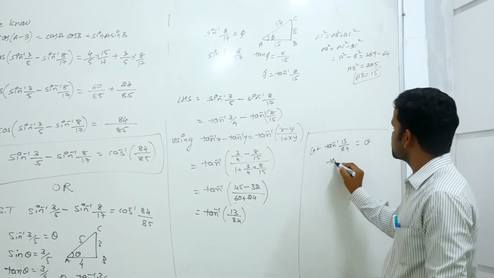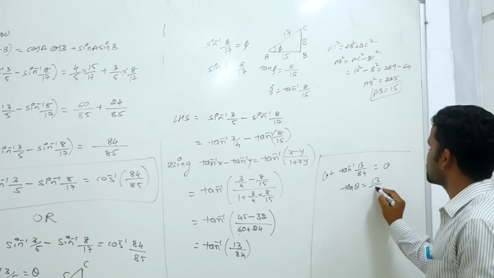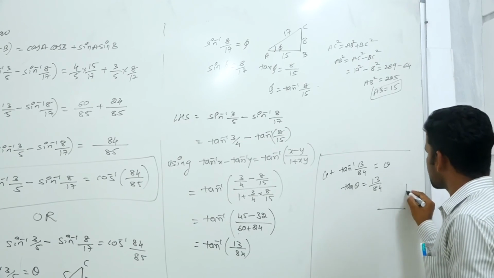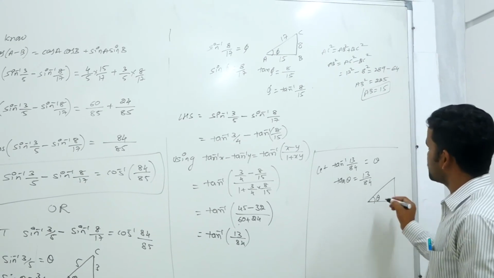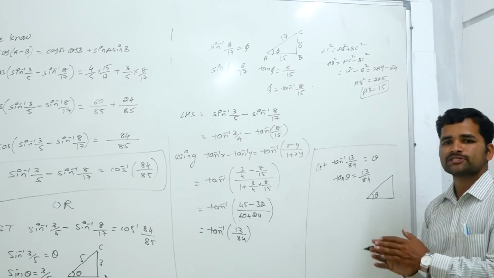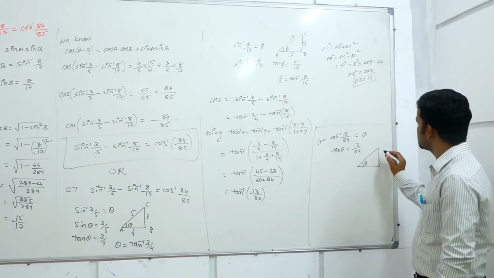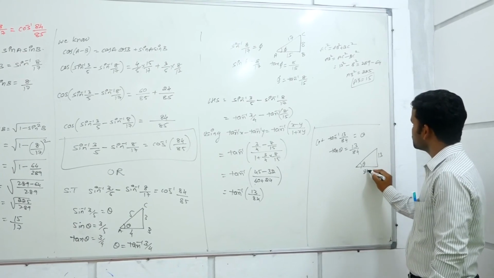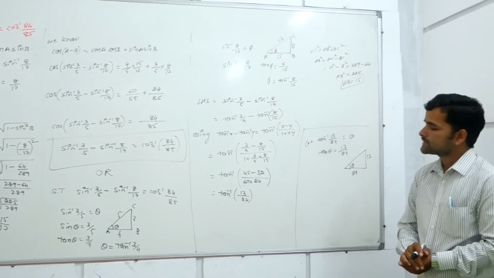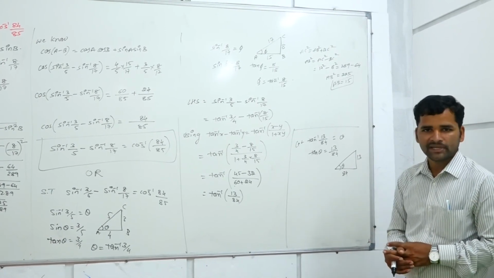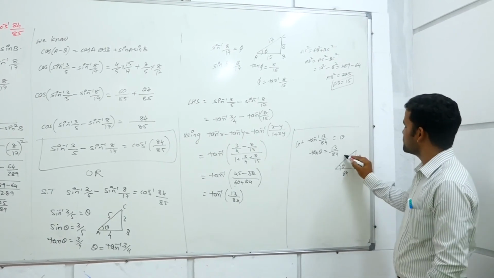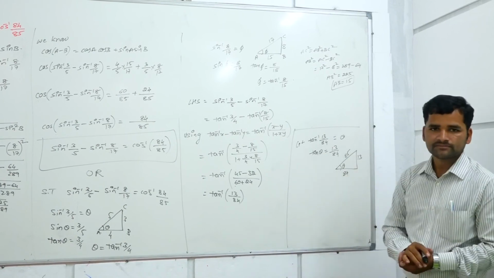Then tan theta is equal to 13 by 84. Write it in a right angle triangle. This is theta. Tan is the ratio of opposite side and adjacent side, 13 by 84 we will get. According to the Pythagoras theorem, you apply it. Hypotenuse will be 85.